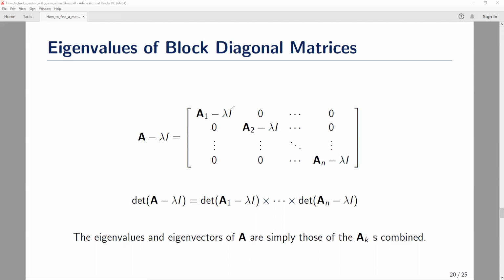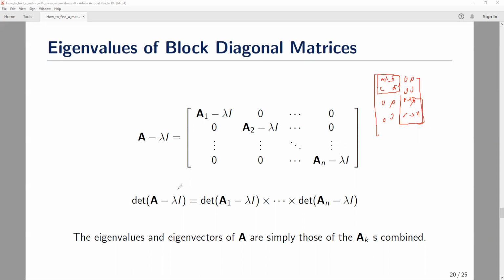Imagine this matrix with A, B, C, D and P, Q, R, S and all zeros elsewhere. Subtracting lambda I, it's actually the first block minus lambda I, and the PQRS block minus lambda I. This comes up very naturally. The determinant of this is nothing but the product of the determinants, by the previous result.